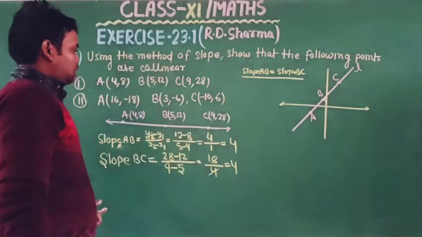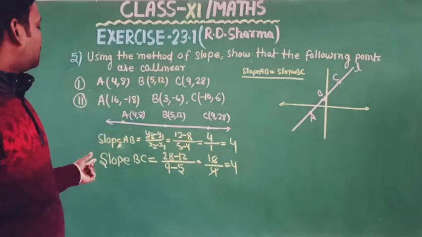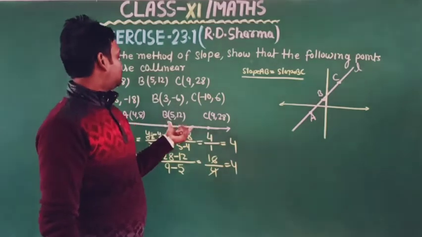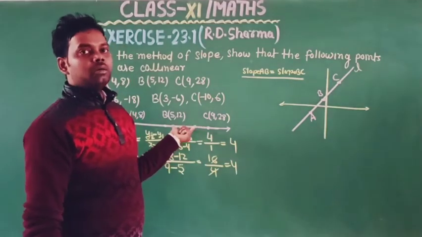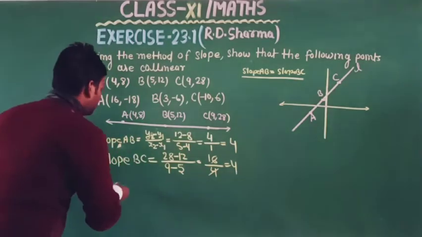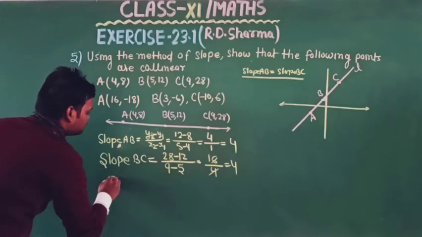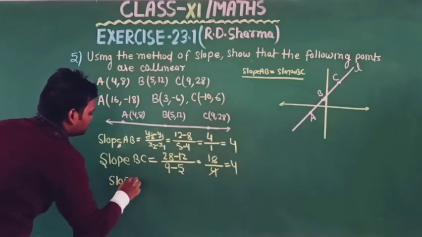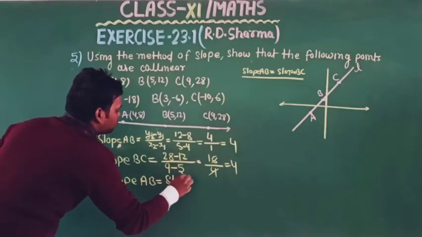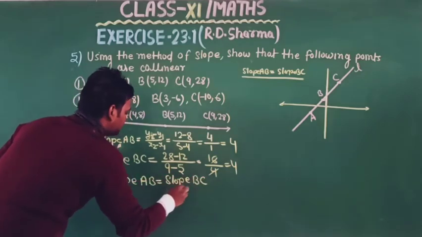So here we can see the slope between the points AB and between the points BC are the same. Slope of AB is equal to slope of BC.